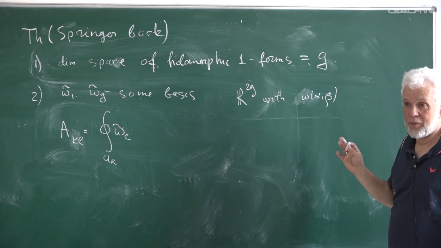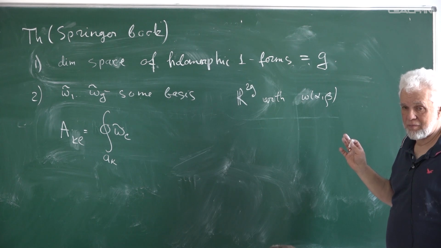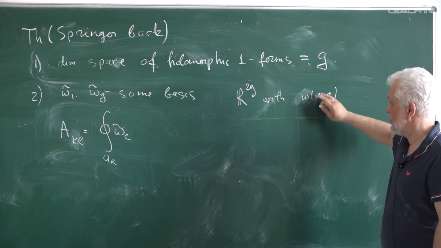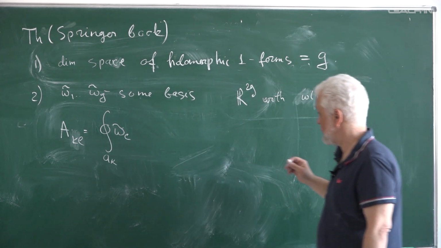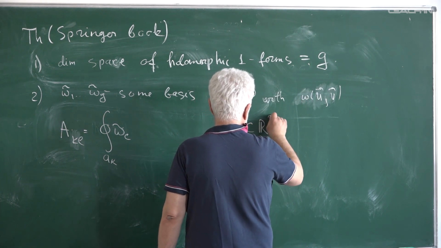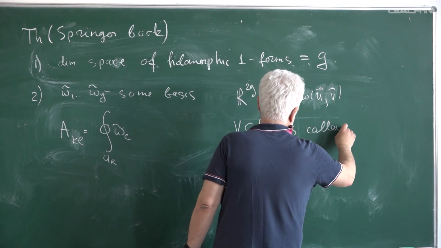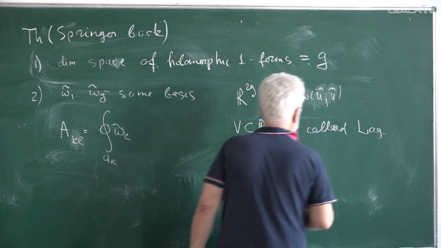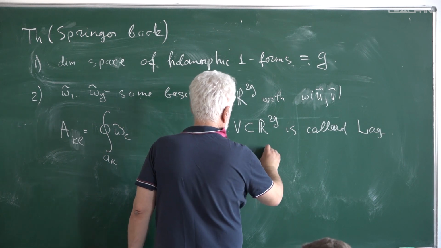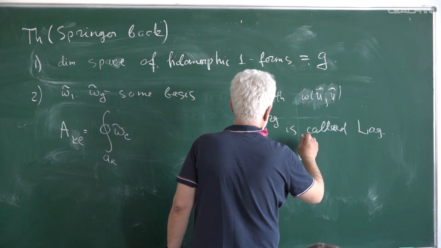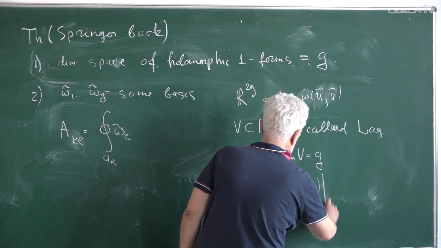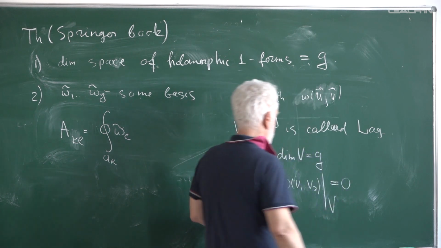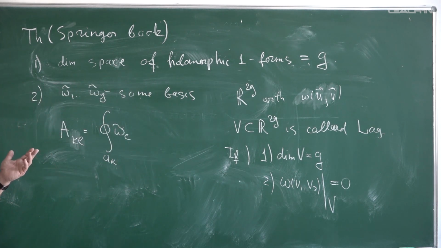This is skew-symmetric: you have some skew-symmetric scalar product on tangent vectors, on U and V. Then a subspace V in R^2G is Lagrangian if, first of all, its dimension is G, the maximum of 1/2, and second, the restriction of the form completely vanishes.